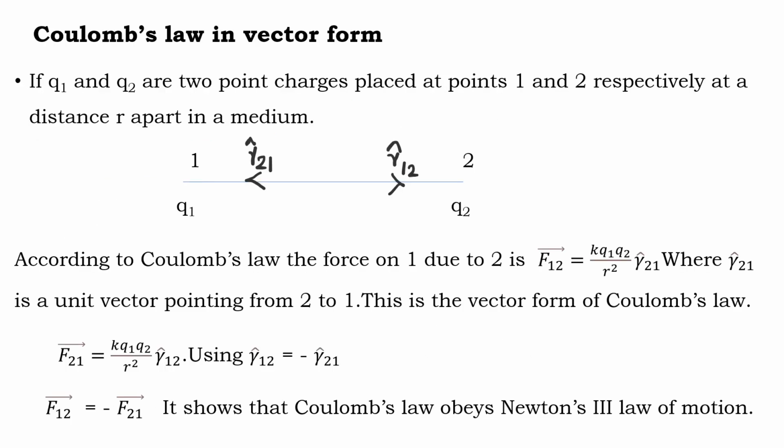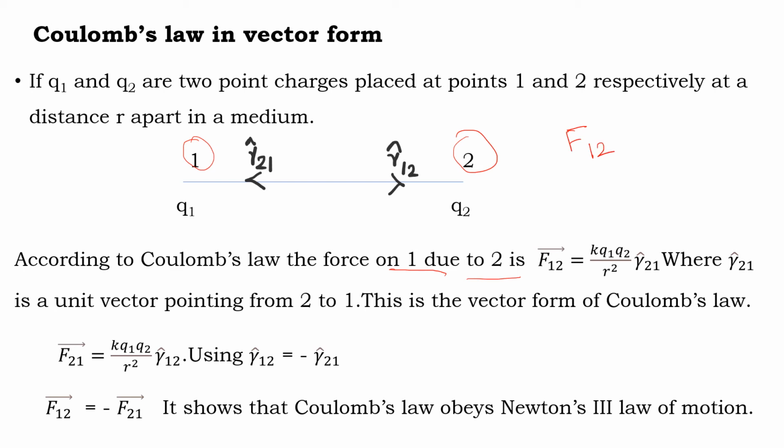Next is Coulomb's law in vector form. If Q1 and Q2 are two point charges which are placed at the points 1 and 2 respectively at a distance r apart in a medium, then according to Coulomb's law, consider the force acting on the first charge due to the second charge. That is, the force on the first one due to the second one can be represented as F12.